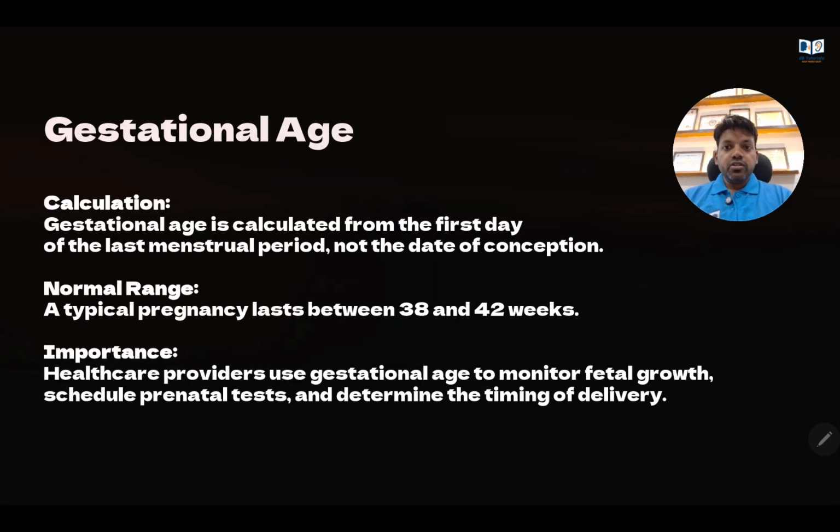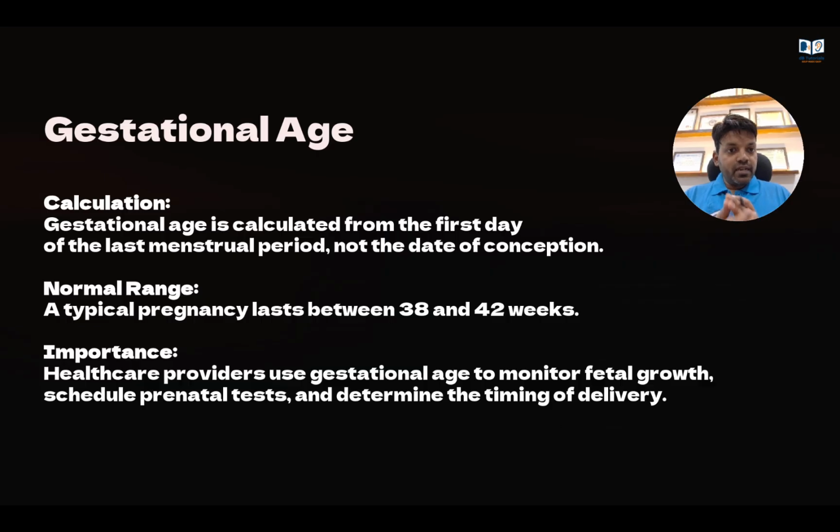The first is a term you will always hear, called gestational age. It is very important. Suppose we say I am 20 years old. How is it calculated? It is calculated from the date of your birth, right? So we have a reference point, the date of birth.